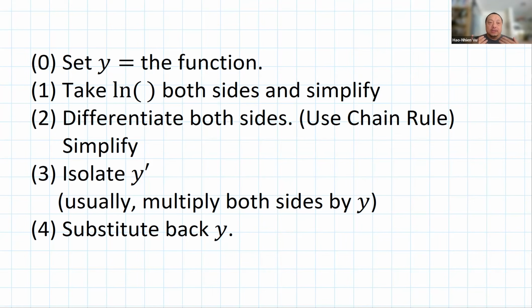Now, in almost all logarithmic differentiation problems, the derivative on the left side is going to be y prime over y. So to isolate y prime, usually all you need to do is multiply both sides by y. And then you substitute back the y for whatever the function was at step 0.